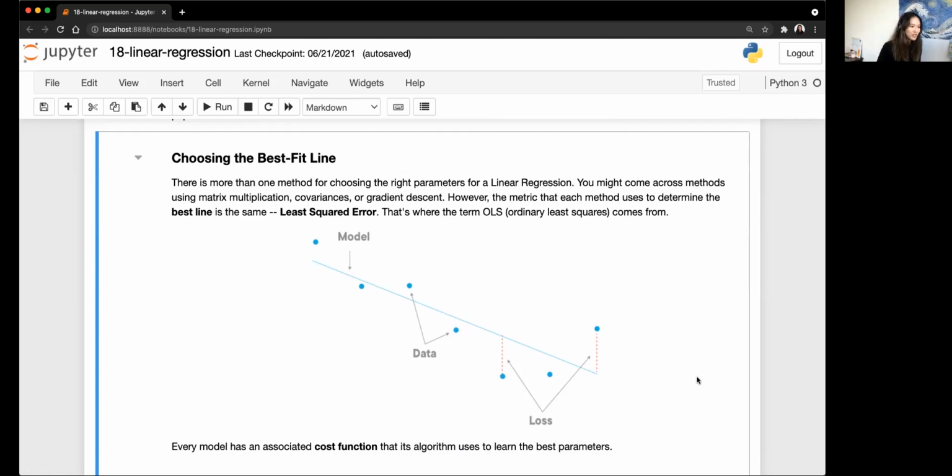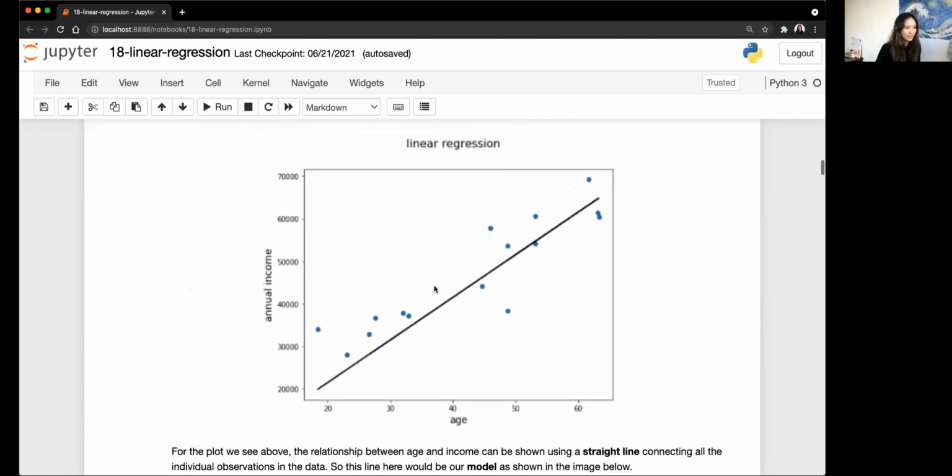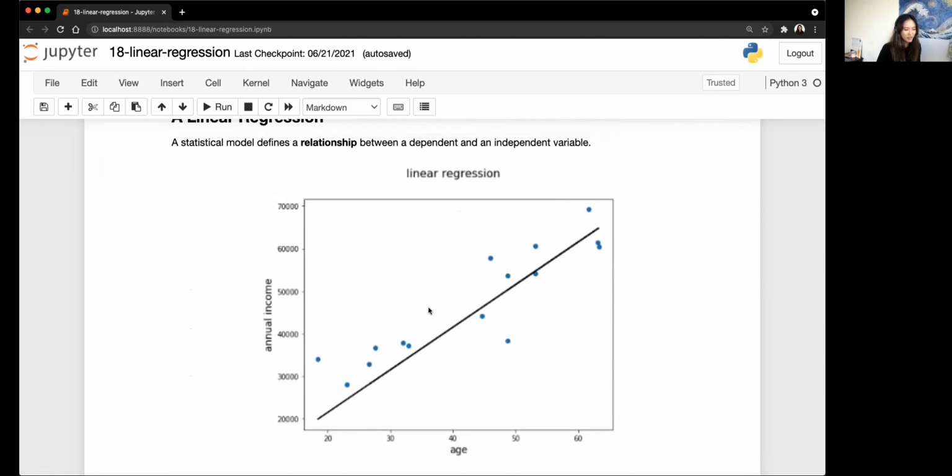So what does squared error mean? Let's say we have this line here, and we have all of these data points. For the squared error, we take the distance between each data point and the line, square it, and sum it together, and that will be our overall squared error. So what does that mean? Every data point has an actual value and a predicted value. Let's take a look at this point out here.